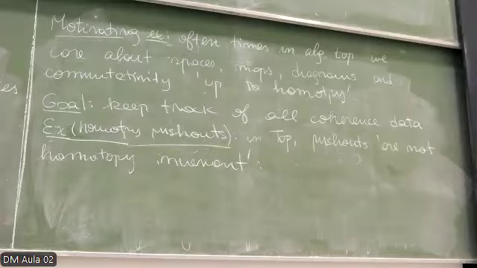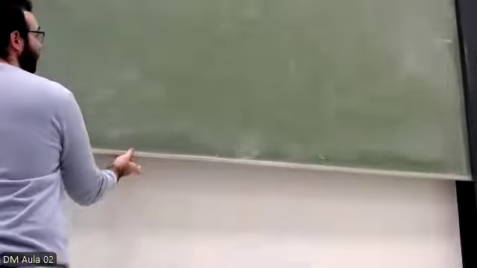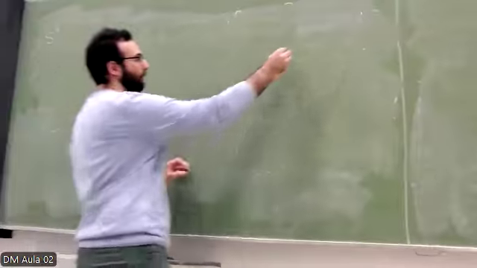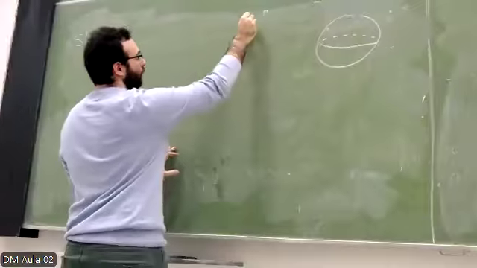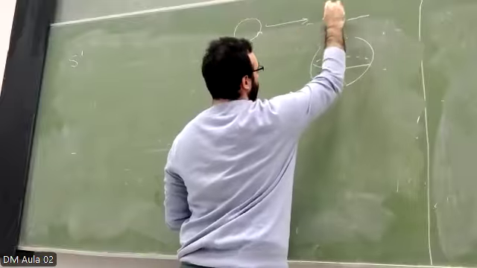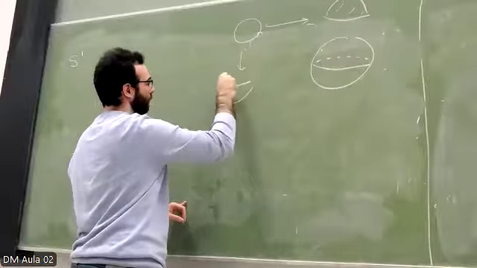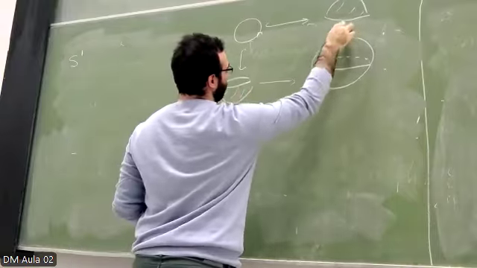And I will tell you what this means with a specific example of a pushout, which is as follows. Say we can construct the two-sphere by gluing together two disks at the edges, right?